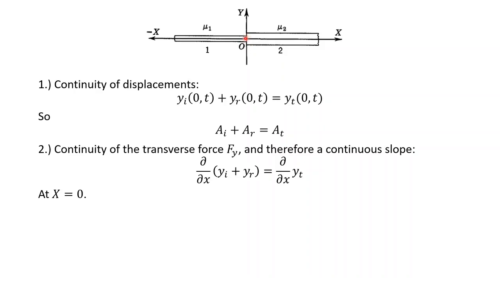So we're basically saying that as it transitions from the one rope to the other rope, it doesn't do that at a mathematically sharp angle. It does that in a continuous fashion, which is not unreasonable at all. So it's a continuous slope at x equal to 0. That's all that means.